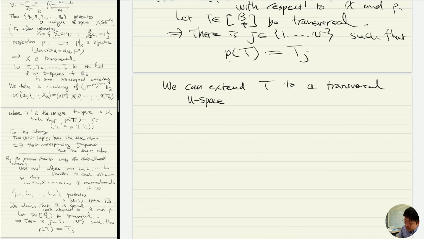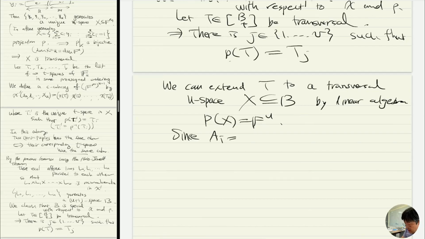So I have a transversal U space X inside B, as long as I choose a good direction in the projection, I'm going to increase the dimension. So we find the U space X, which is transversal and which contains T, and P of X is everything.